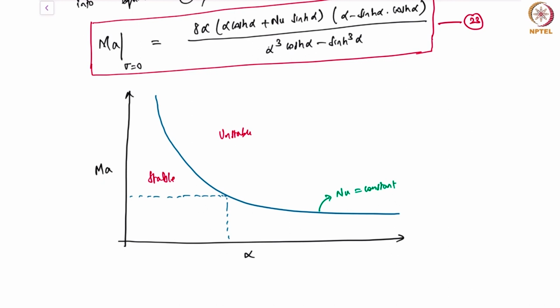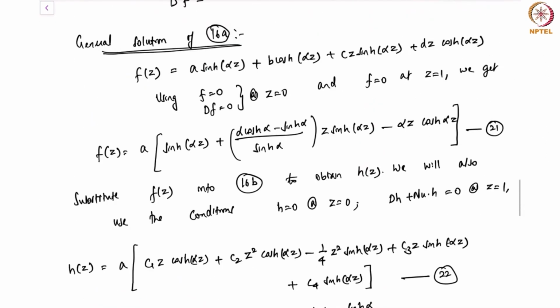So typically you can expect that the Nusselt number, remember, is the ratio of convective to conductive heat transfer. It was hD by k, where h is here the convective term.